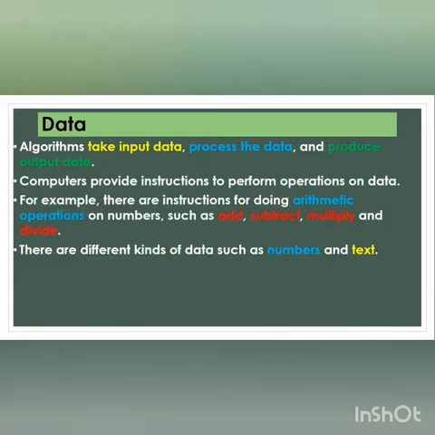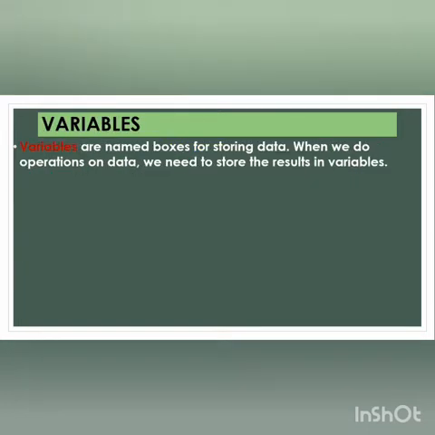For example, the computer can do all types of arithmetic operations on numbers such as addition, subtraction, multiplication and division. So, there are different kinds of data such as numbers and text. For example, while adding two numbers, here the numbers are the data. So, based on the given instructions, the computer processes the data and produces the desired output.